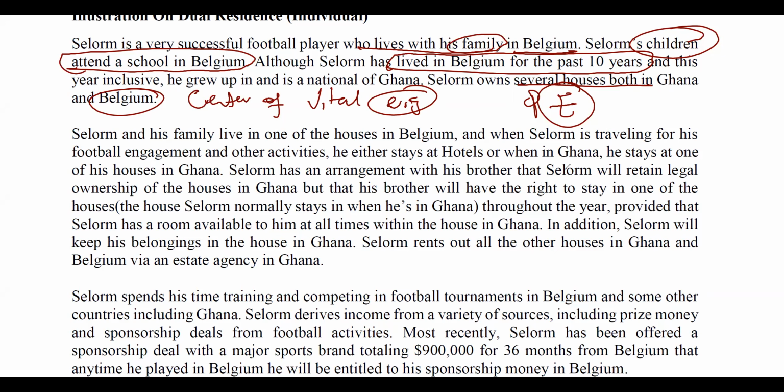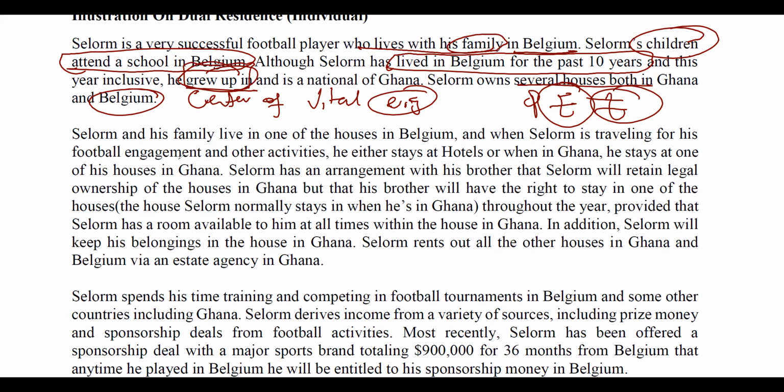So you see, P, point, I've given explanation, then I came to give what? Evidence. True or false? Let's go to Ghana. Selom is a national of Ghana, and he grew up in Ghana.